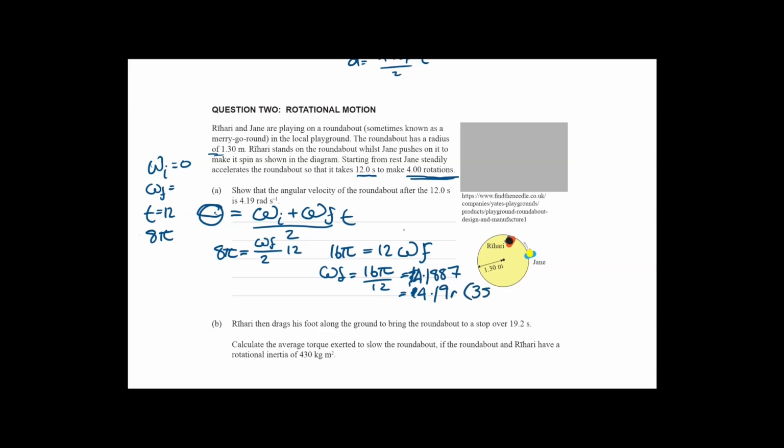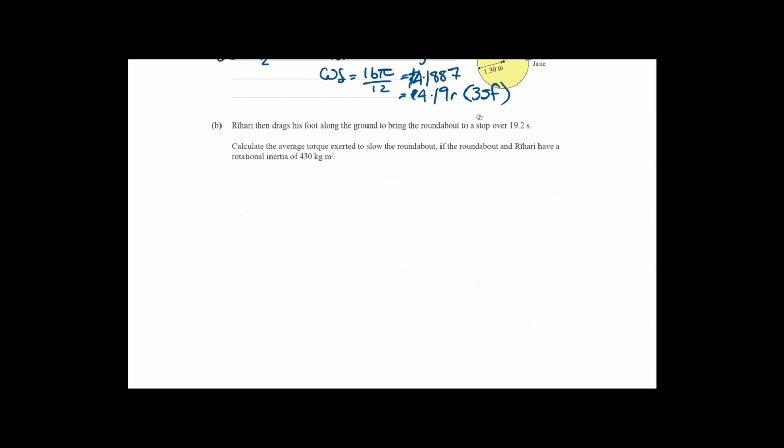radians per second, 3 significant figures. Okay, for this one, we're told that Rahari now drags his foot along the ground to bring the roundabout to a stop over 19.2 seconds, presumably from this 4.19 radians per second. Calculate the average torque exerted to slow the roundabout if the roundabout and Rahari have a rotational inertia of 430 kilogram meter squared.